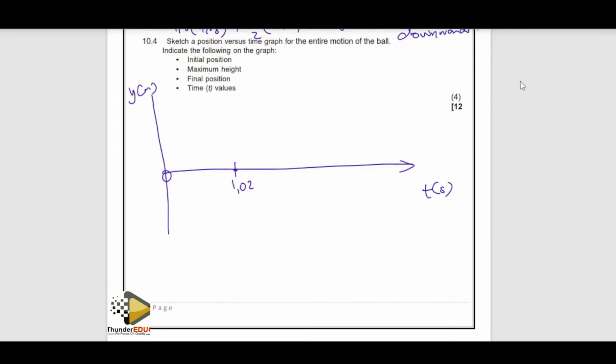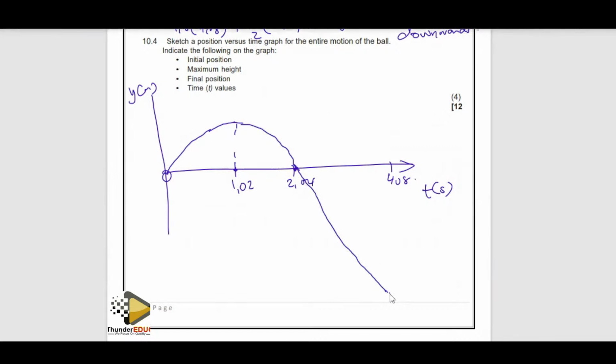Since it's more like a parabola, twice that is going to be 2.04, which means the graph must also pass through that point. Then we need the time of 4.08, which is twice that. So this is the maximum height, and displacement is 0 at that time. Then this graph continues.